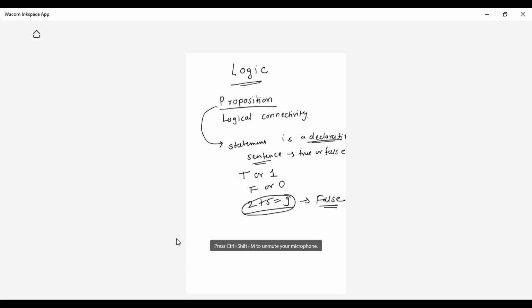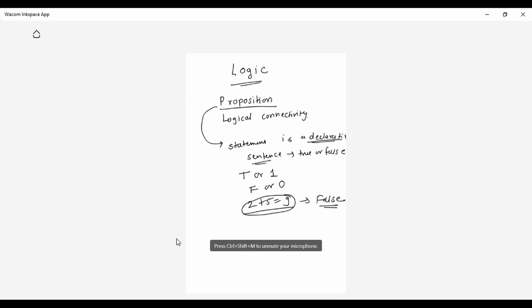Now, what could be examples which are not propositions? If I'm asking you, what is your name? What is your roll number? Is this sentence giving me a true or false value? No. They do not declare any definite true or false value.